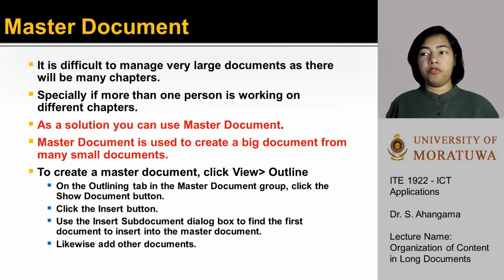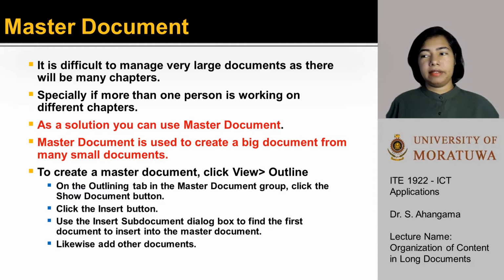Especially if more than one person is working on different chapters, then it becomes very difficult to handle. As a solution, you can use master document. We can use master document to create a big document from many small documents.